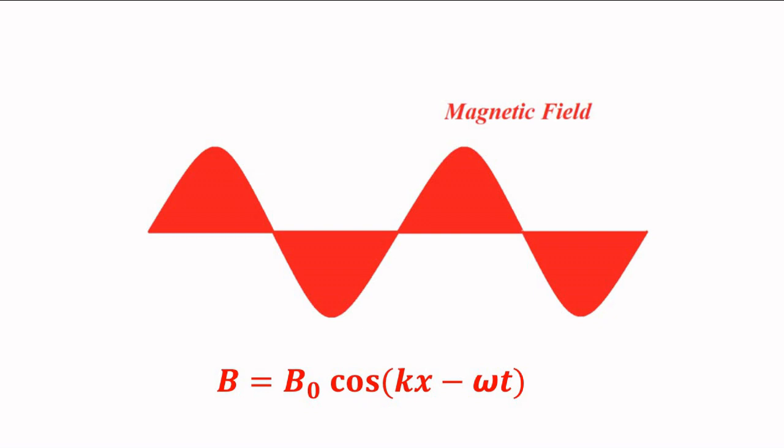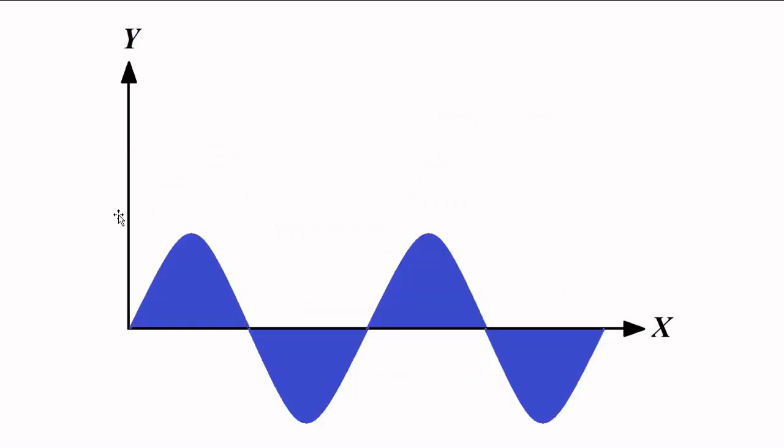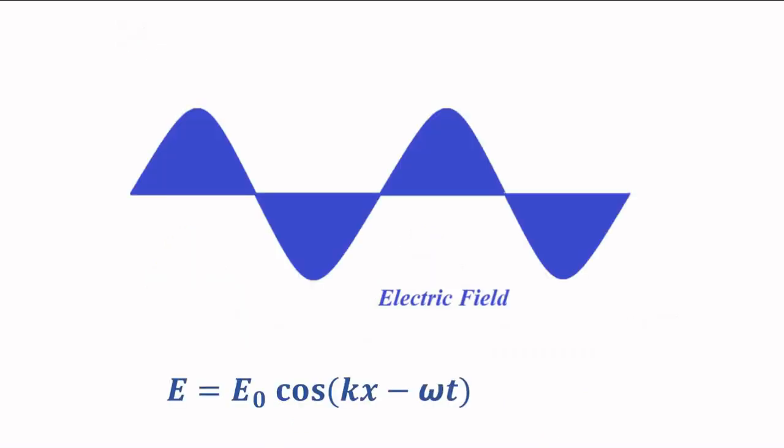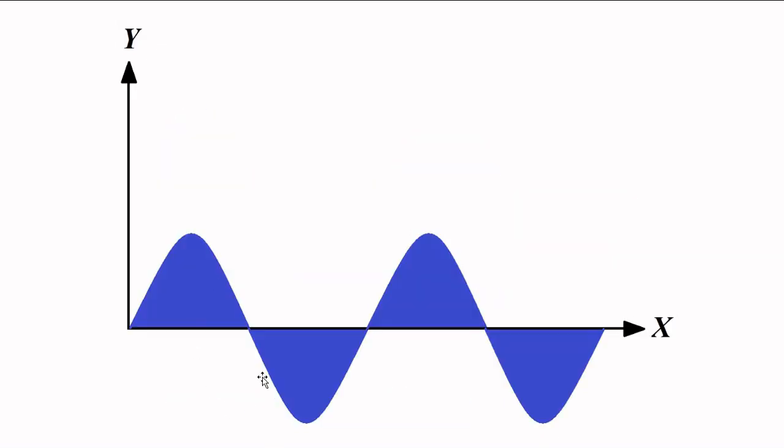So what I was talking about is these electric and magnetic fields, they vibrate or oscillate in mutually perpendicular directions. Suppose we take the xy plane. Here the electric field, which we have taken in blue, is vibrating or oscillating in the xy plane.